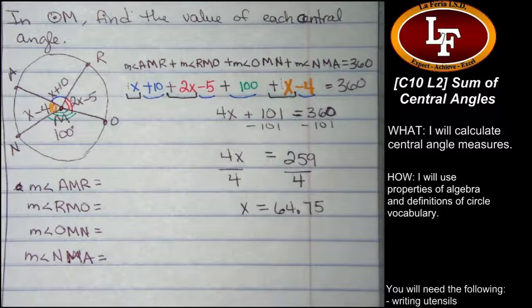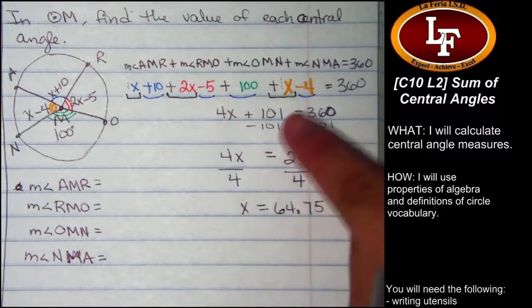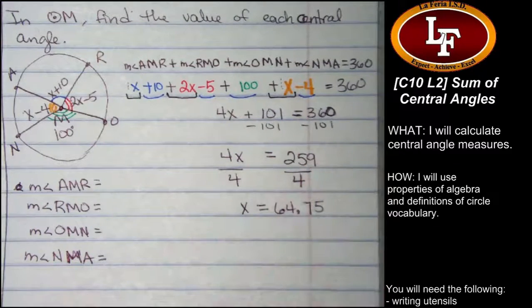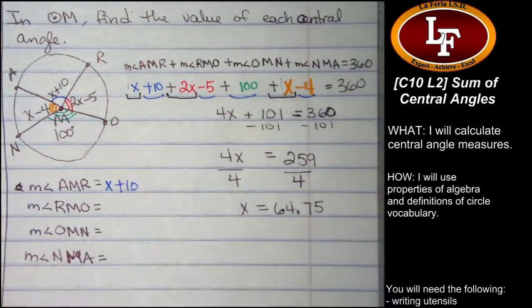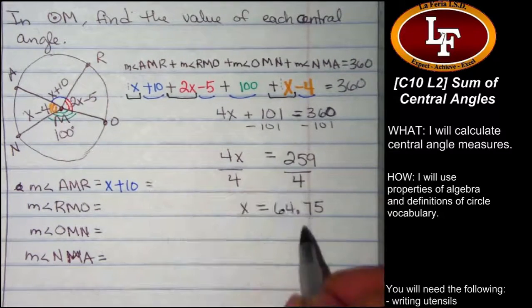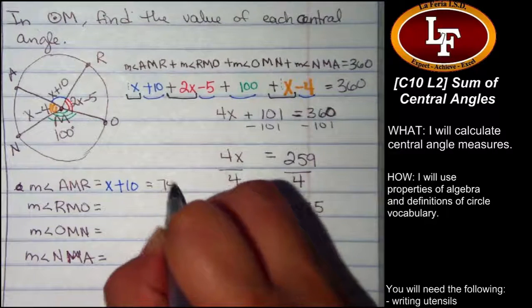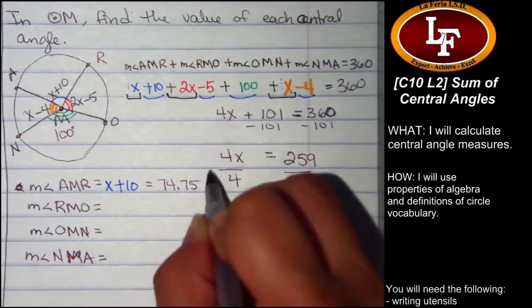So looking back up here, I've got that AMR is x plus 10, but x is 64.75. Add 10 to that, get 74.75.